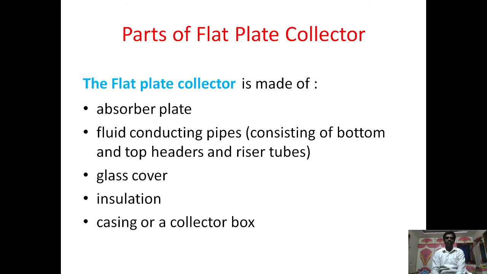Some fluid conducting pipes are there. These conducting pipes consist of bottom and top headers and rising tubes also. A glass cover is placed at the upper portion. Insulation is placed below the absorber plate, and the entire arrangement is placed in a collector box. We may call that also the casing.